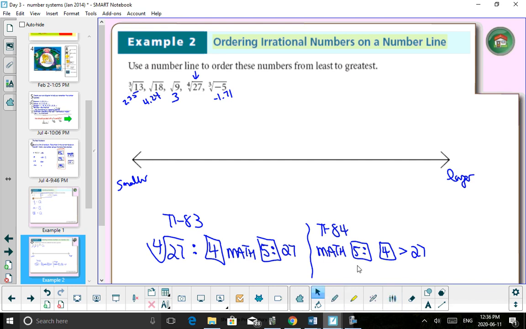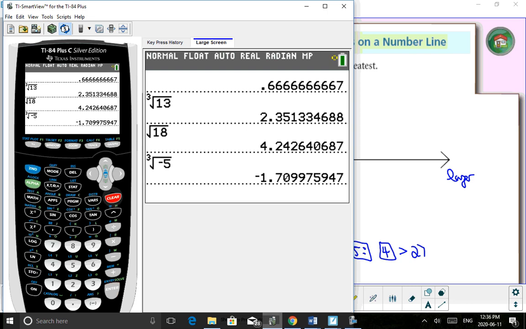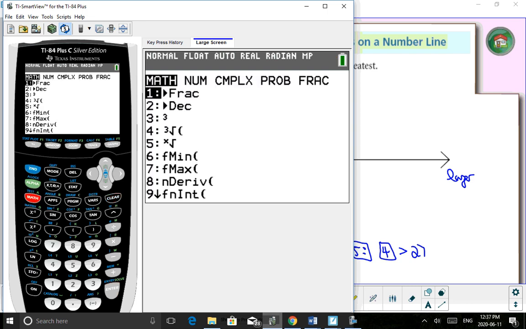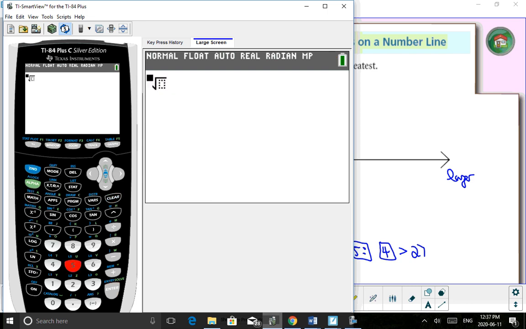I'm running the TI-84, so I'm going to hit the math key, pick number 5, hit a 4. Notice that little arrow appears, and then you hit 27 and hit enter. Now again, if you were running the TI-83, you'd hit the 4 key.